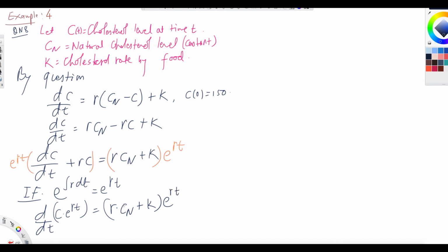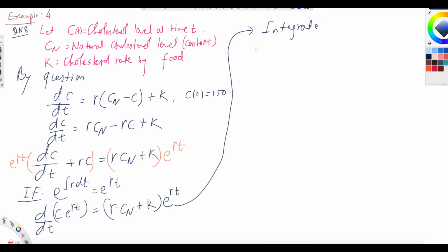So here C sub n is the natural cholesterol. Okay, now let us integrate. If you integrate, what do you get?